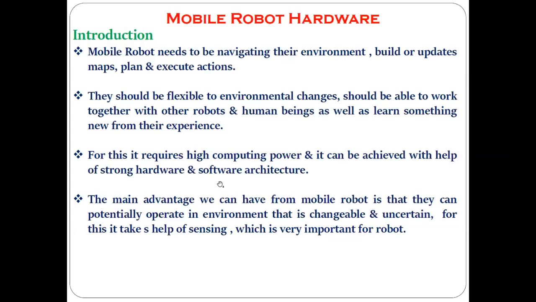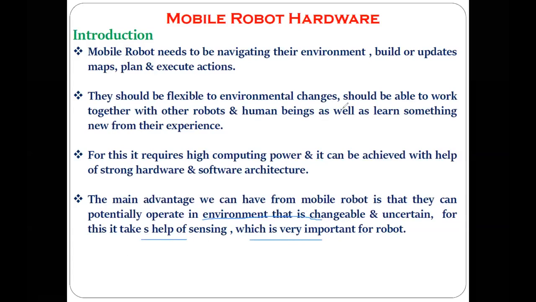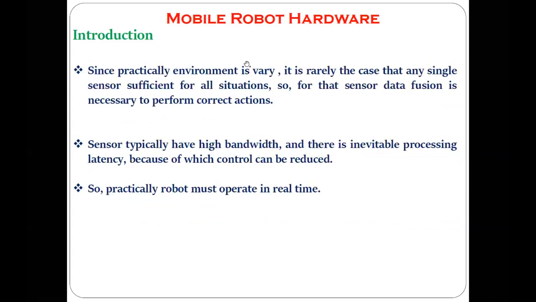It is possible to make such a robot which can easily work in a changeable environment, adapt itself to changes in the environment, and sense the environment with the help of the various kinds of sensors used in the robot. The environment is never constant.